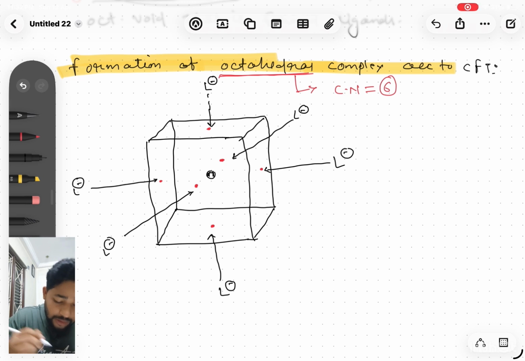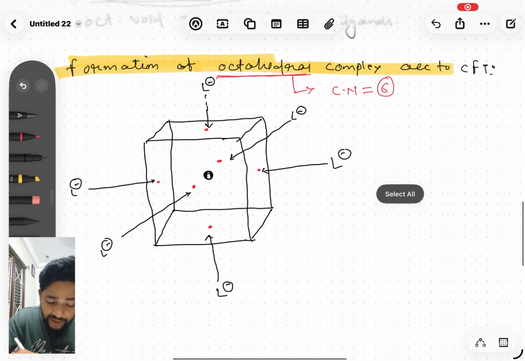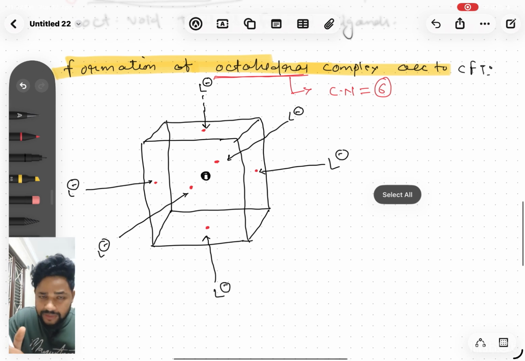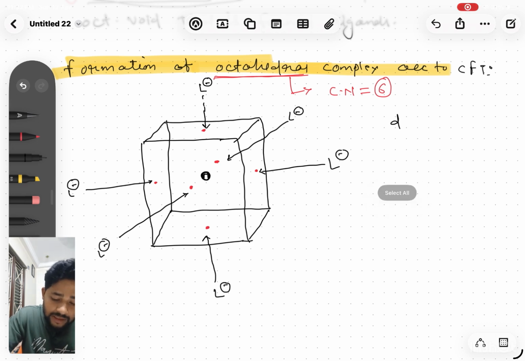Okay, and we also know that this metal has d orbitals, and the d subshell has 5 orbitals. Okay, what are they? They are dxy, dyz, dzx, dx square minus y square, and dz square.